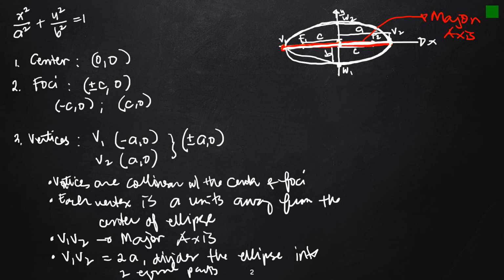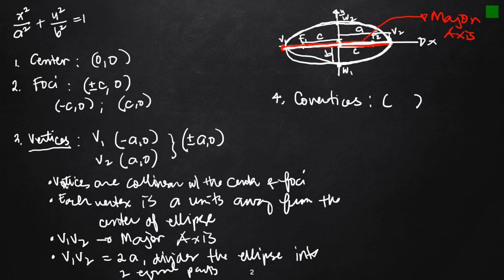Now let us move to our W sub 1 and W sub 2. So if V sub 1 and V sub 2 are called the vertices of the ellipse, W sub 1 and W sub 2 are called the co-vertices of the ellipse. So the coordinates of our co-vertices are this one.